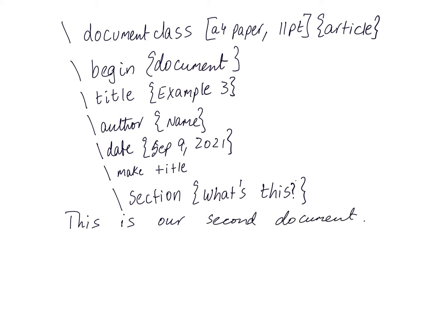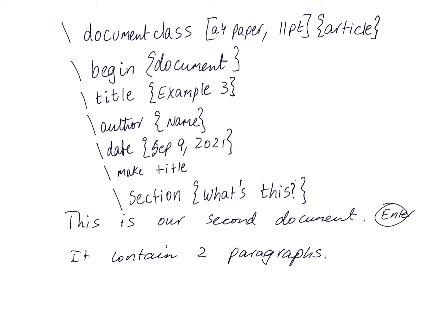And then we'll put a space, so enter twice, and we'll come to a next line. So it contains 2 paragraphs. And then we'll end the document. And see what happens over here. When you compile this document, you'll see that the second paragraph is indented to a certain extent.